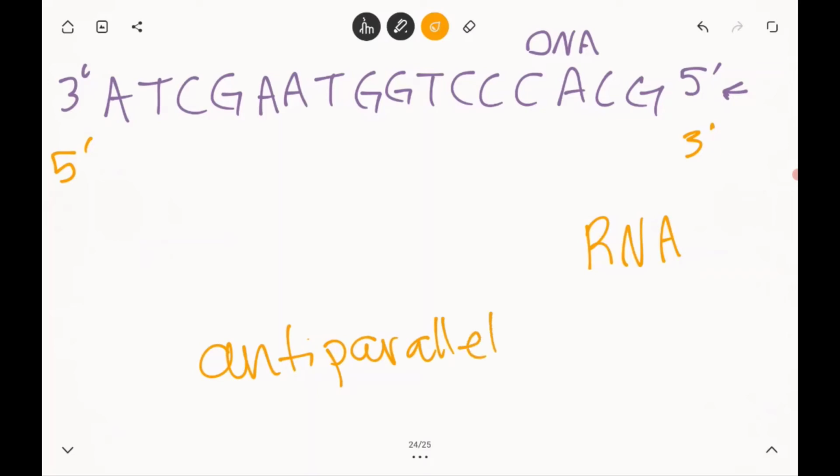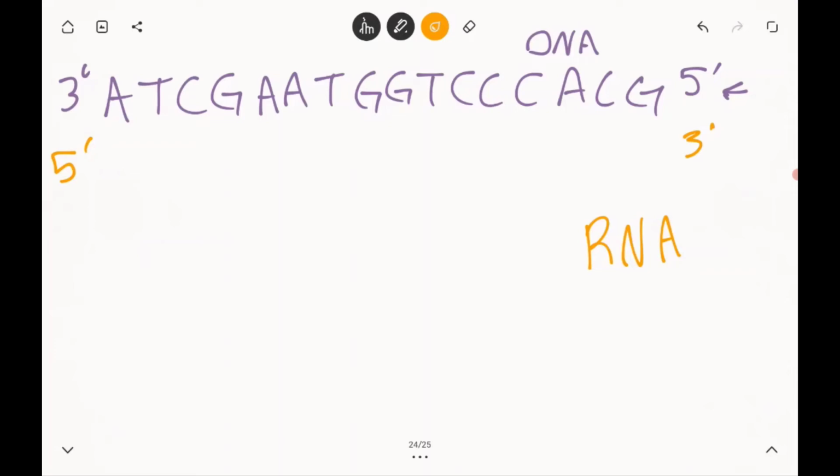DNA and RNA, whenever they make two strands like this, they are running anti-parallel to each other. Okay, so meaning one is running 3' to 5', the other is running 5' to 3'. Okay, they're running basically upside down from each other. So now we just have to figure out what are the complementary bases of RNA that would match up with this DNA molecule.